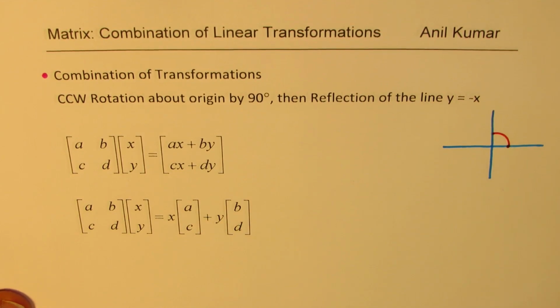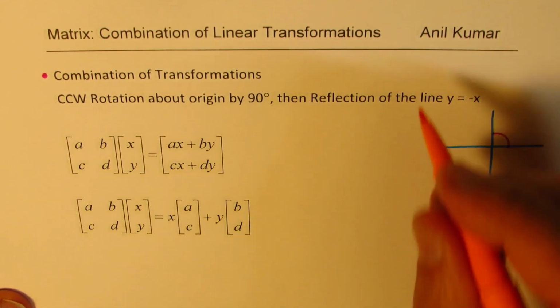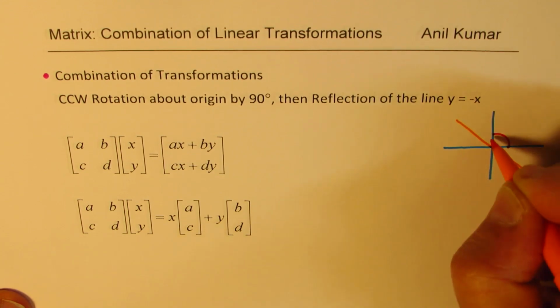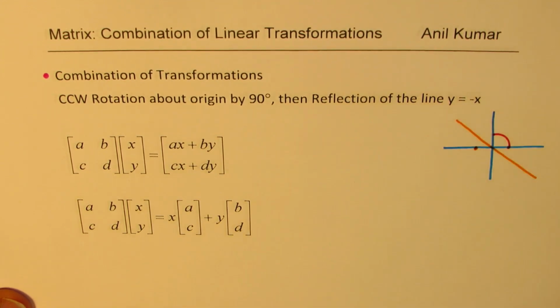And then we reflect it on the line y equals -x. And then we reflect it on this line to get the point there. So that is the transformation which we are doing. Right? Now, how do we get this counterclockwise plus the reflection using what we have already got so far?